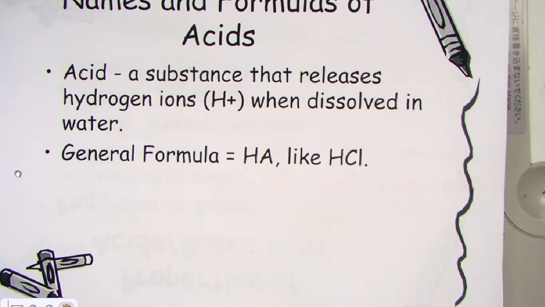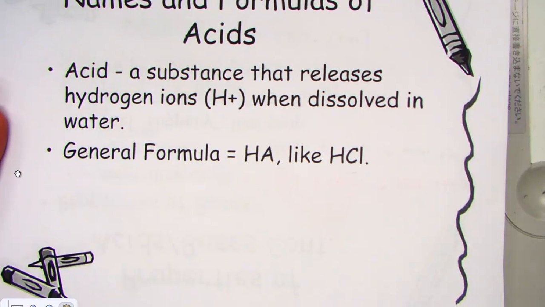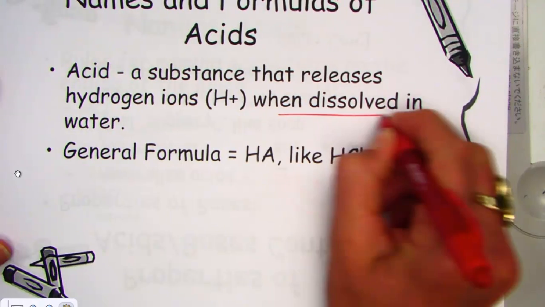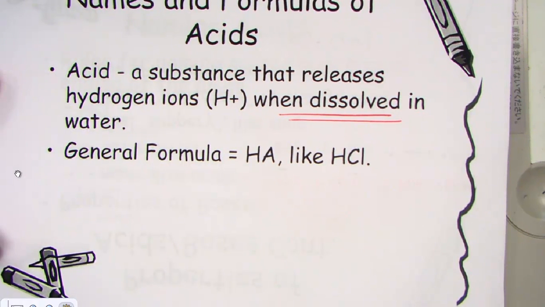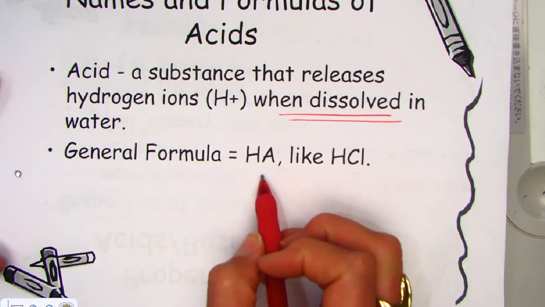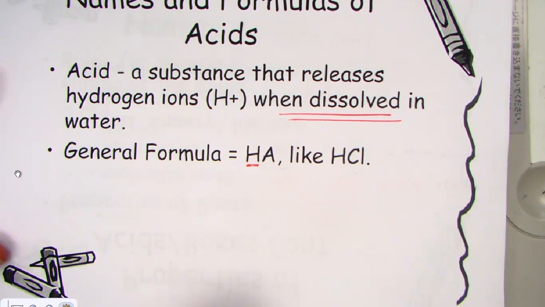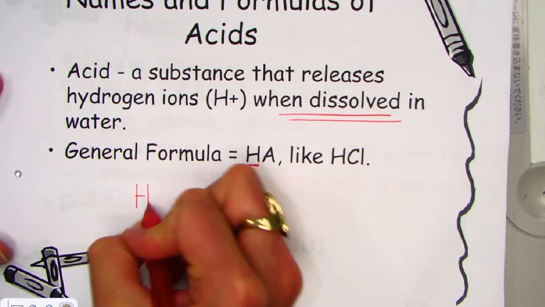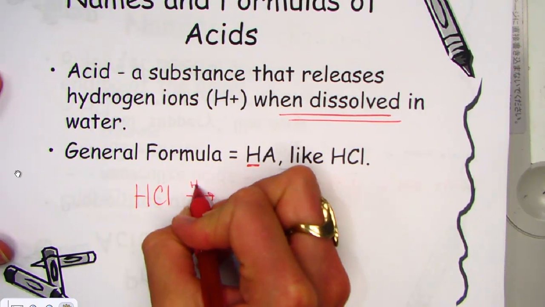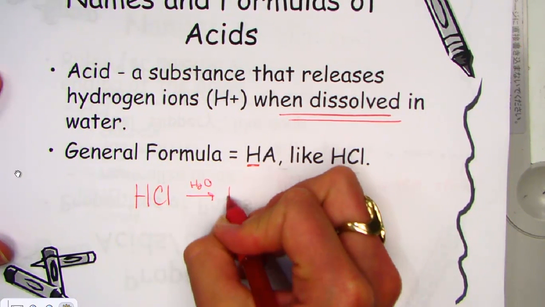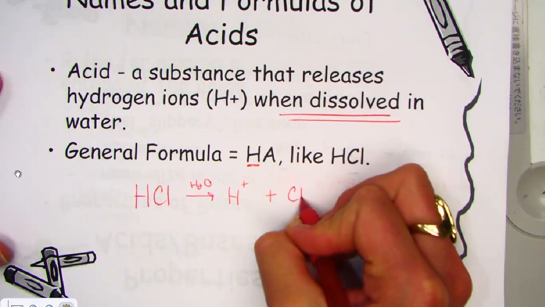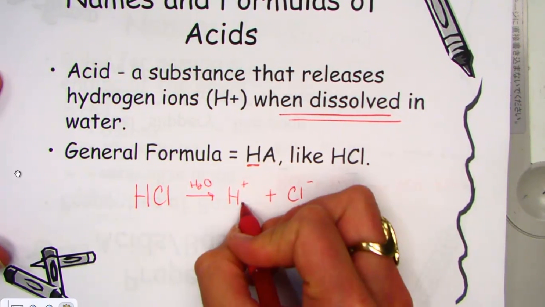Acids are substances that release hydrogen ions when dissolved in water. A couple of key things here: acids and bases are always in water solutions. If we consider any general formula, acids always start with H, like HCl. HCl, when placed into water, creates ions: a hydrogen ion and a chloride ion.